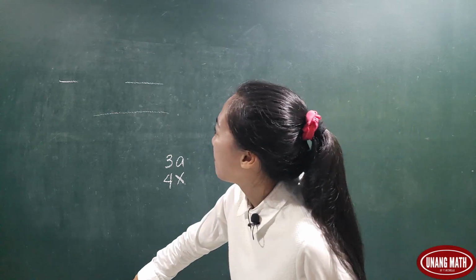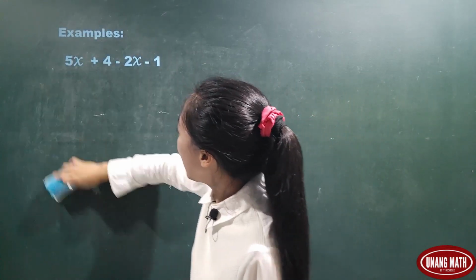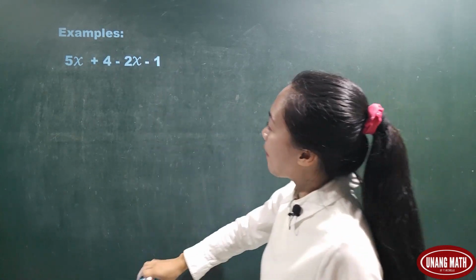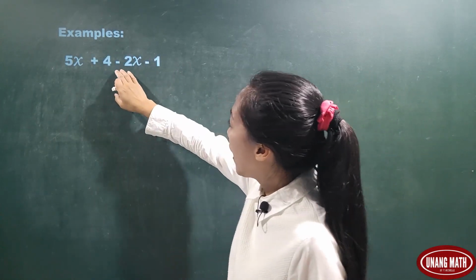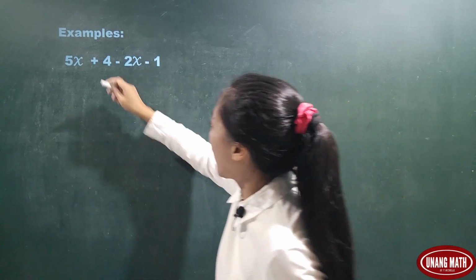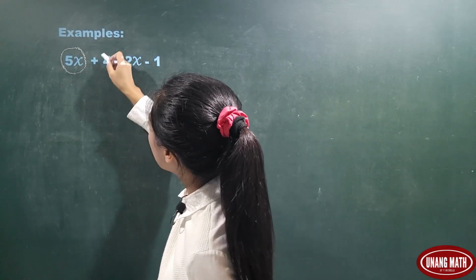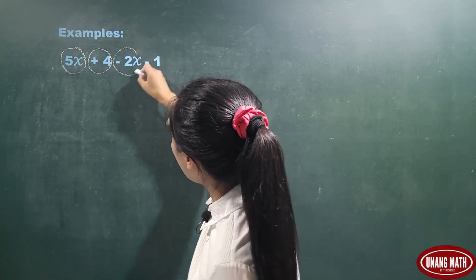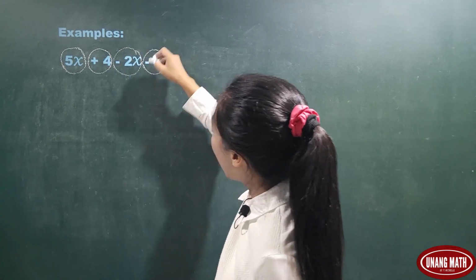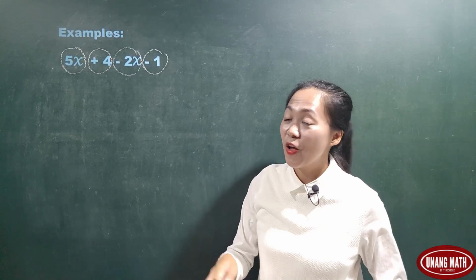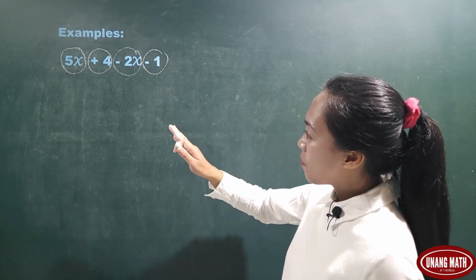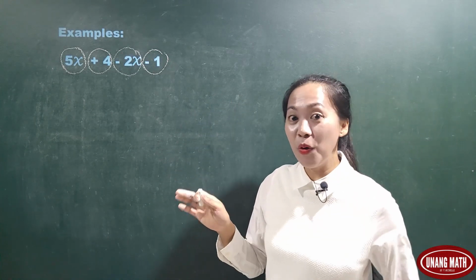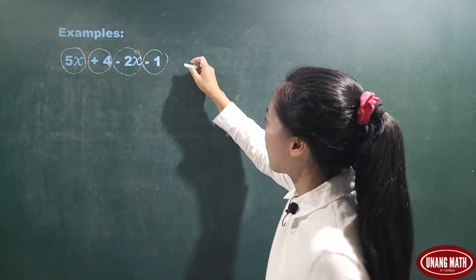Let's give more examples. I have here this expression: 5x plus 4 minus 2x minus 1. 5x is one term, 4 is another term, negative 2x another term, negative 1 is another term. Let's identify those like terms in this expression.